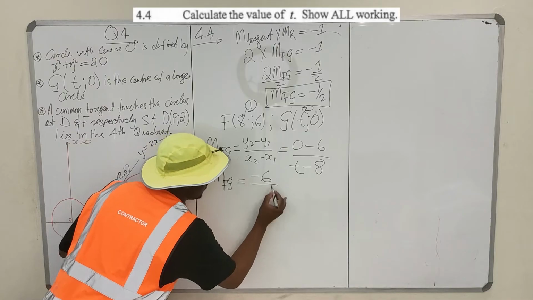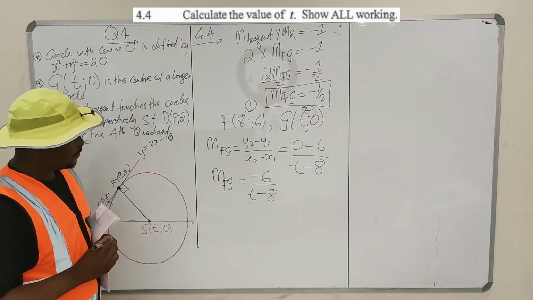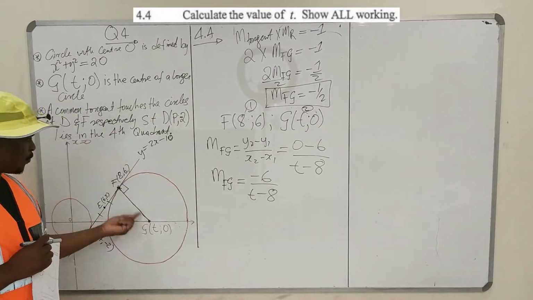It's minus 6 over t minus 8. That's how you can calculate it from these 2 points.